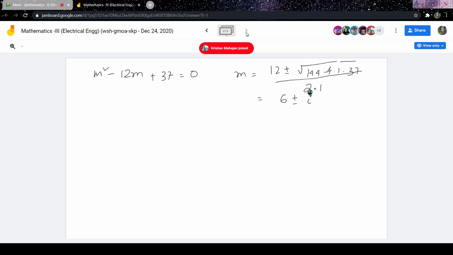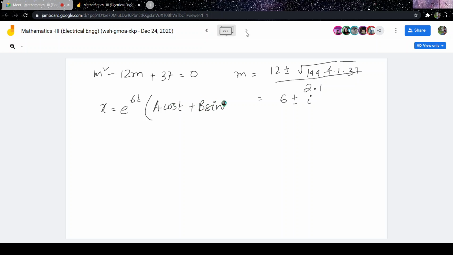So the solution of the equation in d2x/dt square, our x will be e to the power 6t (a cos t plus b sin t).